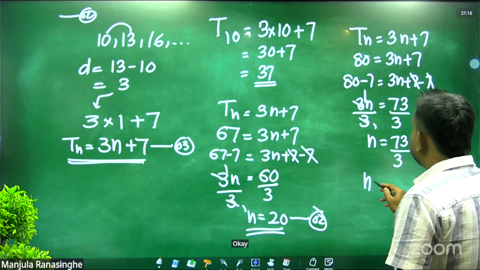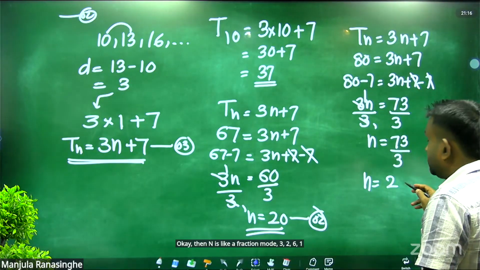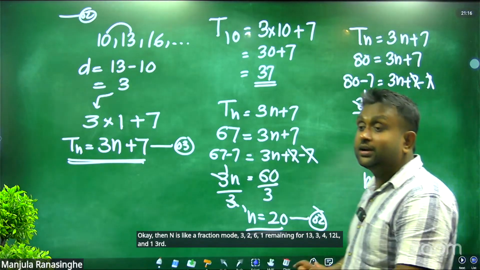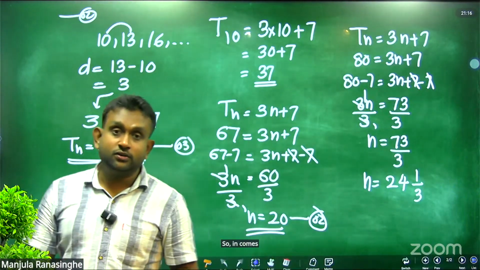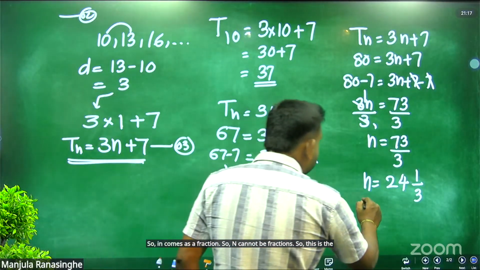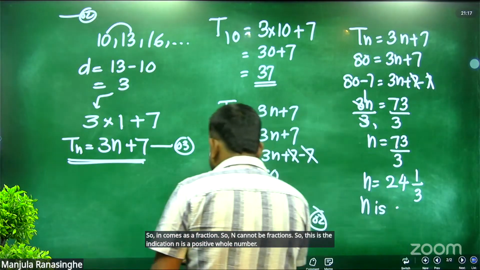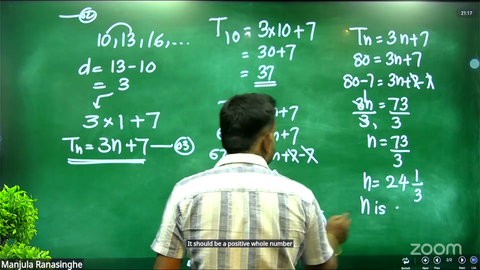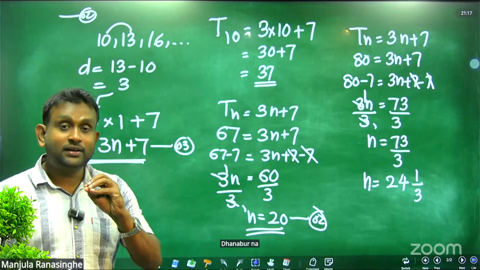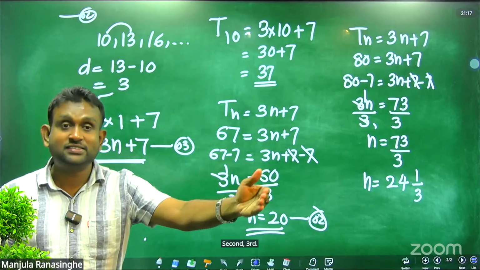Then n is a fraction: 3 twos are 6, 1 remaining, 3 fours are 12, so 24 and 1/3. So n cannot be a fraction. This indicates n should be a positive whole number. Why? n is the position of a term in the number pattern, like first, second, third, fourth, fifth, sixth, seventh.